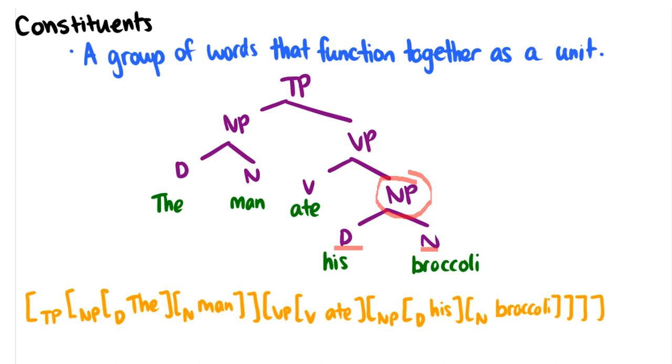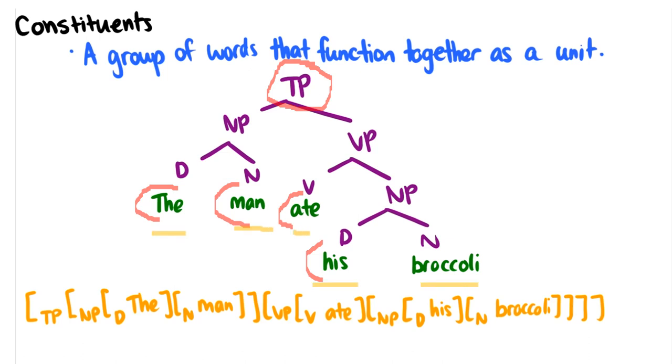If we pick the VP, then we have the verb ate, the determiner his, and the noun broccoli. So that is a constituent. If we pick the TP, then we pick up all the words, so the whole sentence is a constituent. That also means that each individual word is its own constituent as well.